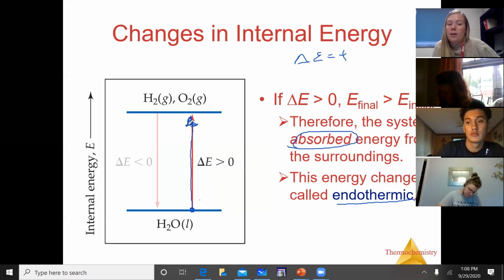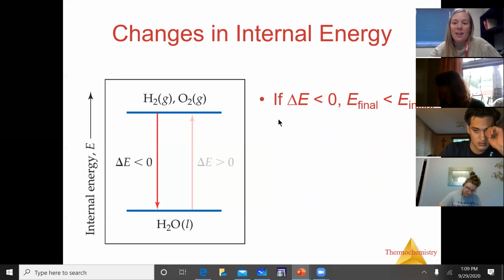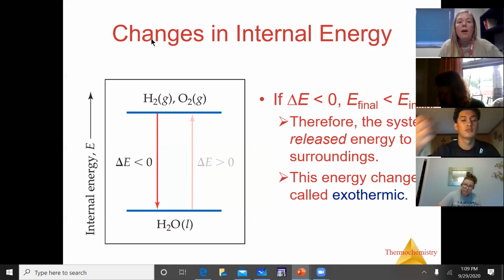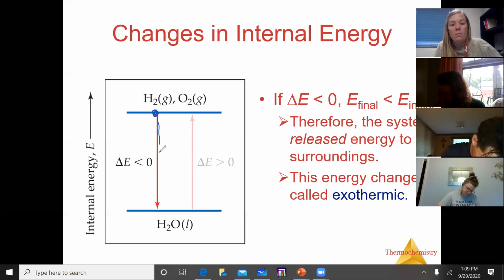Well, something has to counteract that endothermic quality, right? Otherwise, we couldn't do it. We need something to be losing energy if something's gaining energy. So if we go in the opposite direction over here, if we're starting at a high energy, at our H2 and O2, and we move down and we form water, our final state has a lower energy than our initial state.